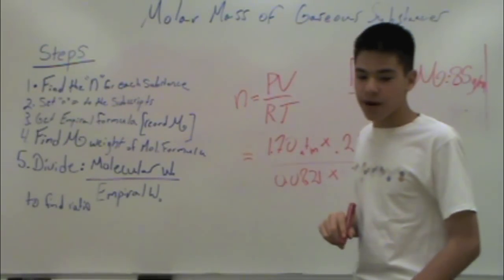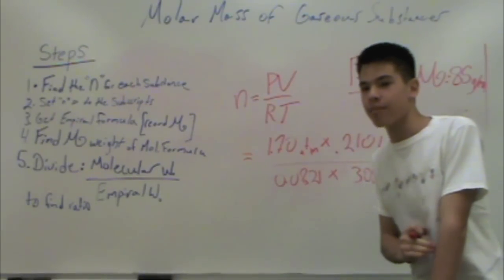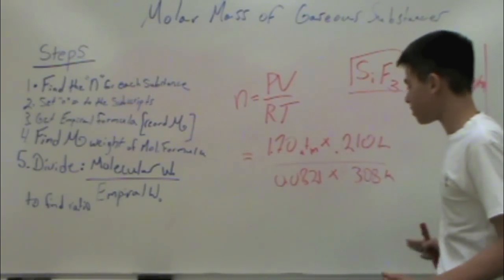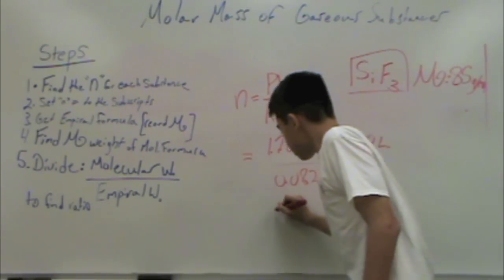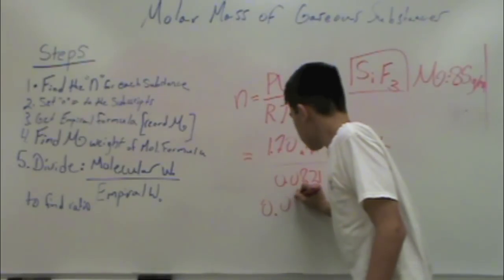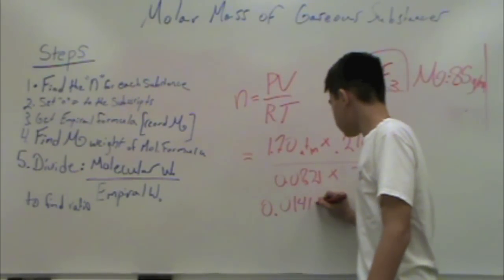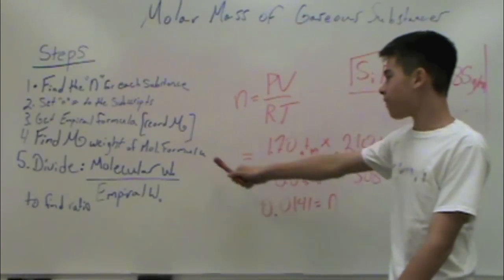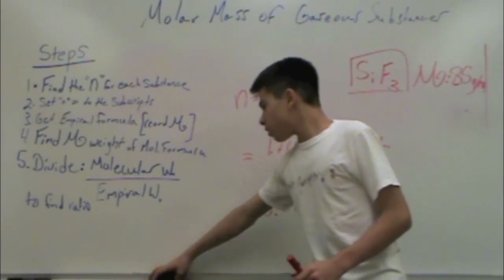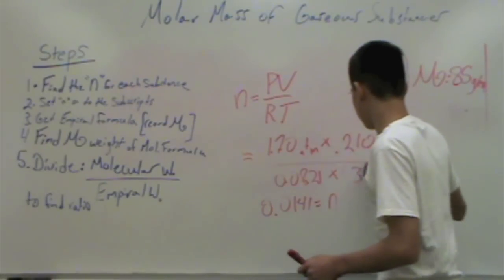In doing that, we find the number of moles in 2.38 grams of our unknown substance, with the molecular formula that we do not know, is 0.0141. Now, with this number, we can go ahead and find the molar mass of the molecular formula.